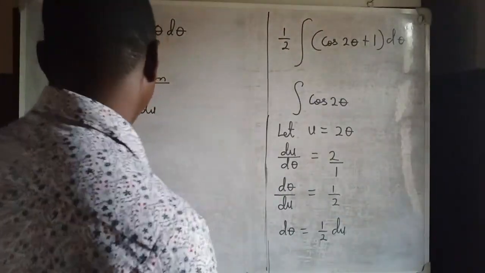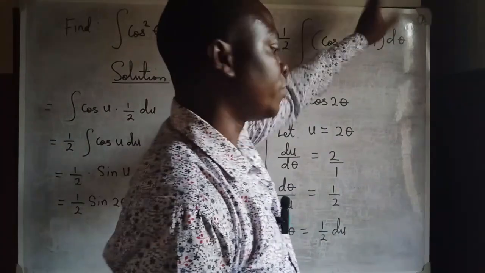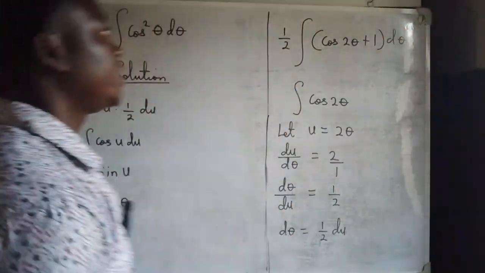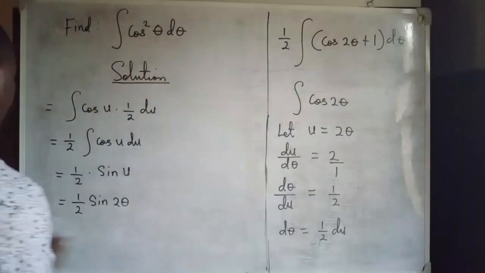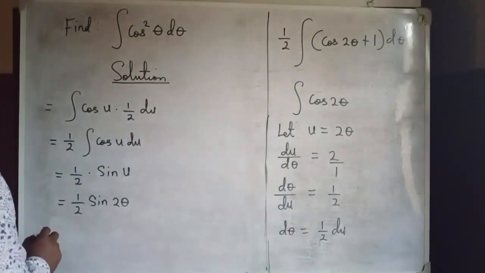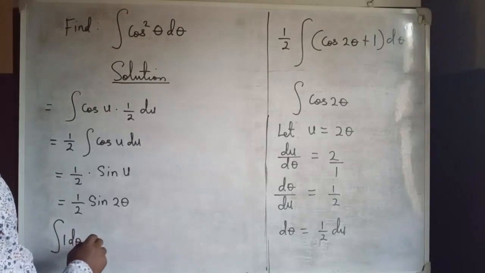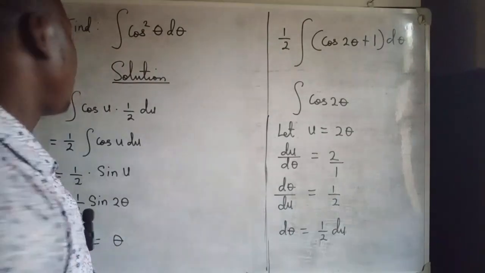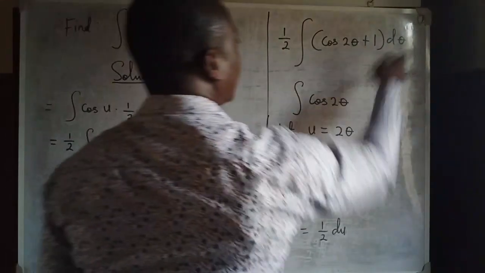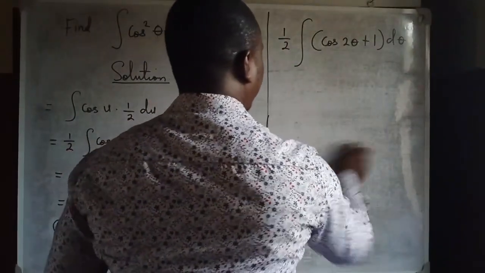So we're going to also integrate 1 with respect to theta. We've gotten the integral of cos 2 theta with respect to theta, so let us get the integral of 1 with respect to theta. The integral of 1 with respect to theta is going to be theta. So we are going to substitute everything into this to get our final answer.